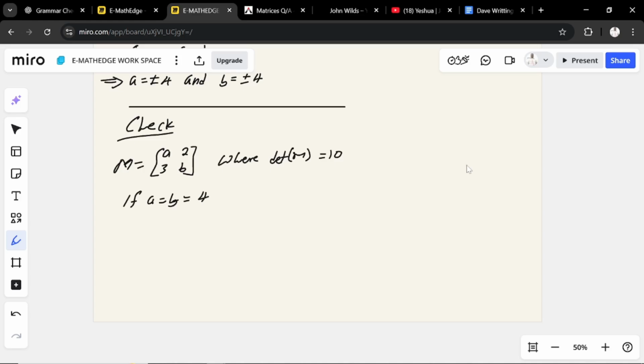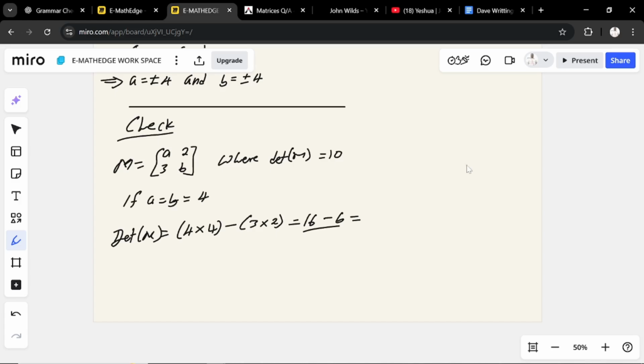So if A is equal to B and B is equal to positive 4, the determinant of M is going to be the elements in the major diagonal, A and B, which we have in this case to be 4, is going to be 4 times 4, minus the elements in the other diagonal, which is 3 and 2, is going to be 3 multiplied by 2. 4 multiplied by 4 is 16, minus 3 multiplied by 2, which is 6.